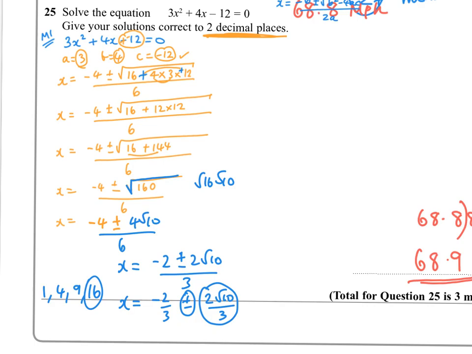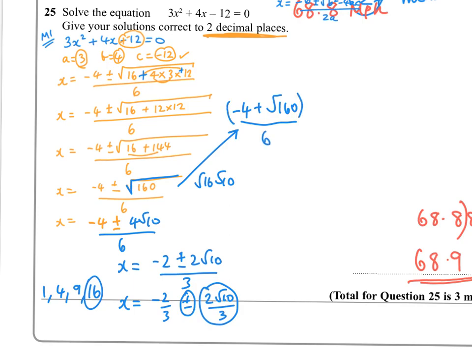So if I was doing this in the exam and I wanted to use my calculator, I would probably start using it at this point here, and I would just put in negative 4 plus the square root of 160 and then divide it all by 6. So I'll probably put a bracket in here.